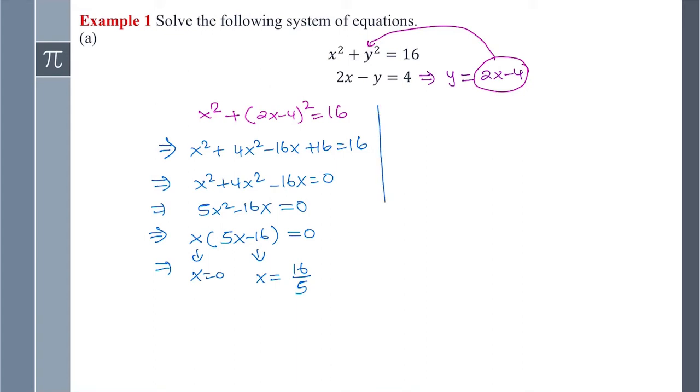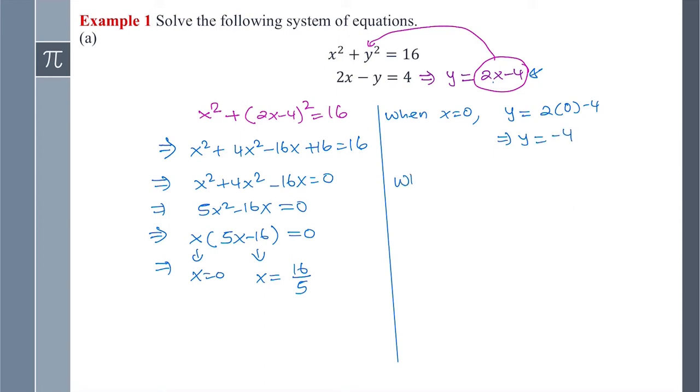What we do next is substitute into this equation. When x equals 0, y equals 2 times 0 minus 4, and that gives us y equals negative 4.